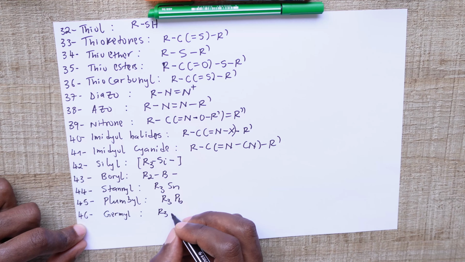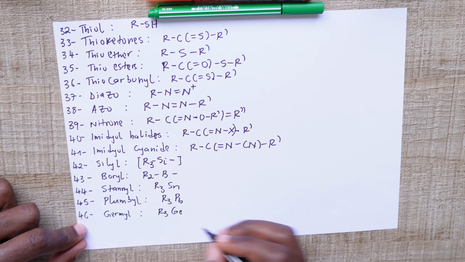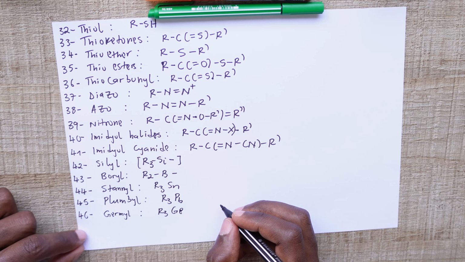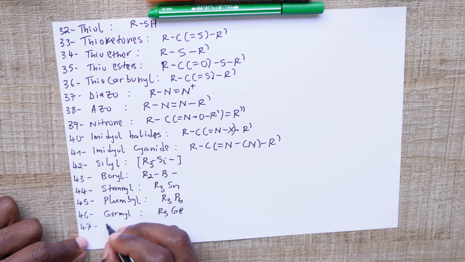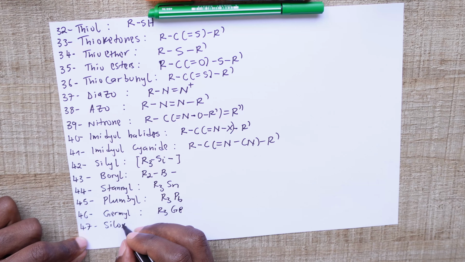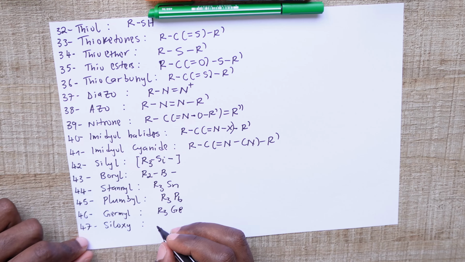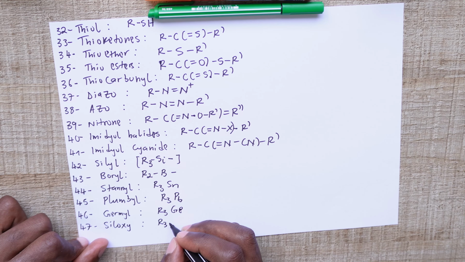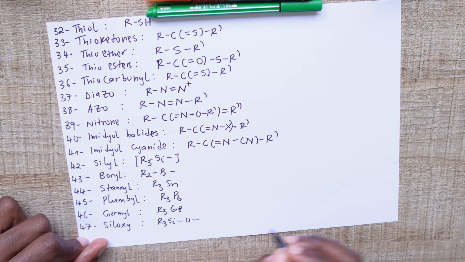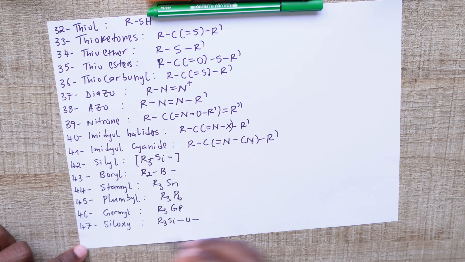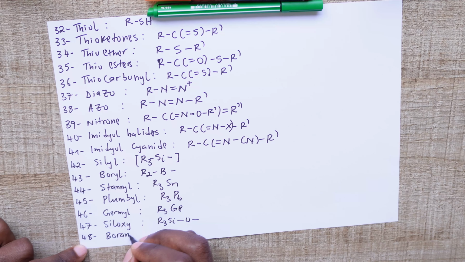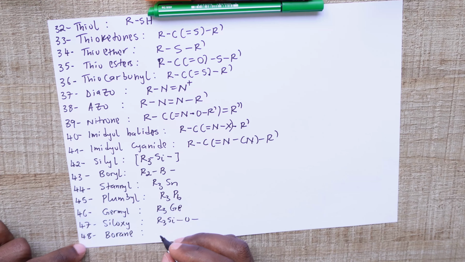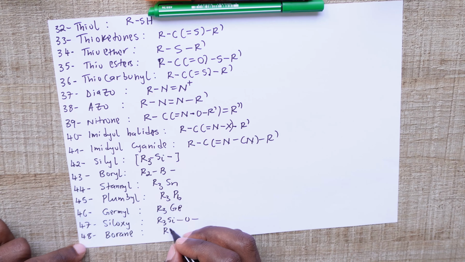That's R3, Ge. Then 47, you have the siloxy group, which is R3, silicon, oxygen. 48, you have borenes, which have as group R3, B.